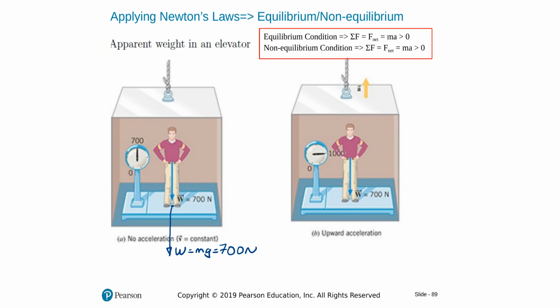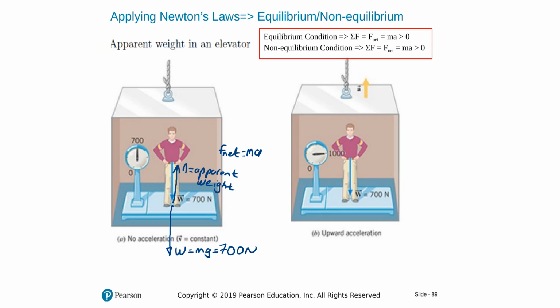And we'll show normal force, and we'll apply F net is equal ma. That's it, to solve for the apparent weight, and N is the apparent weight. We'll look at different situations.